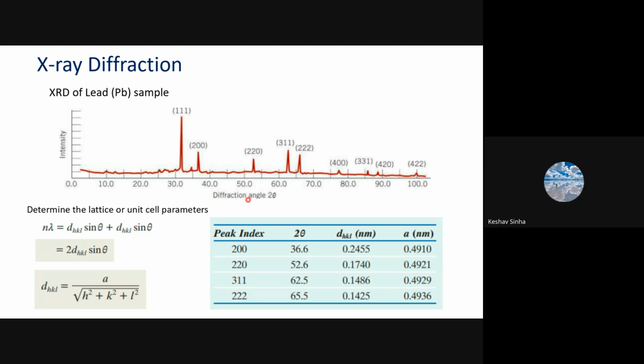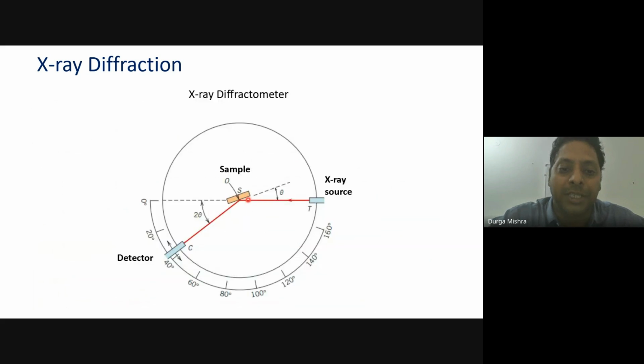Okay, so 2 theta. If you look at this experiment, when you're performing it, you have an X-ray source and you have a sample, which is your material. The X-ray beam is incident at angle theta. Now you want to record this interference pattern, the diffraction that comes out after scattering from your sample.